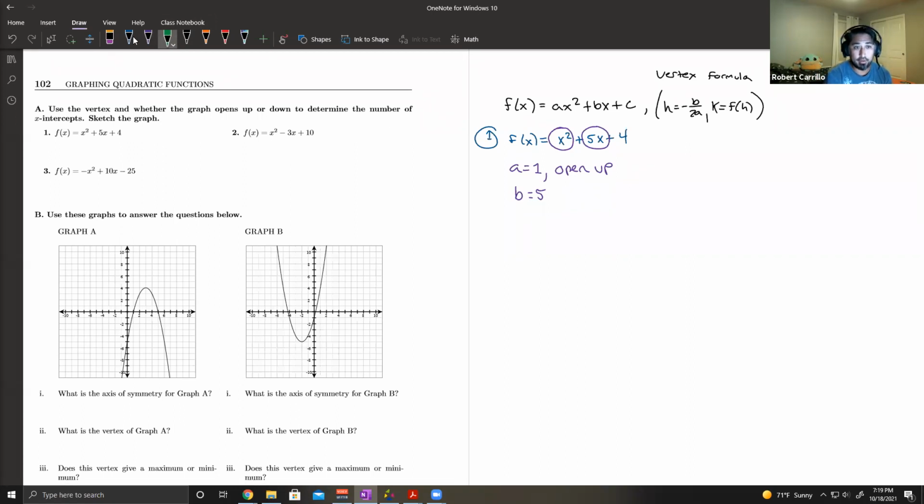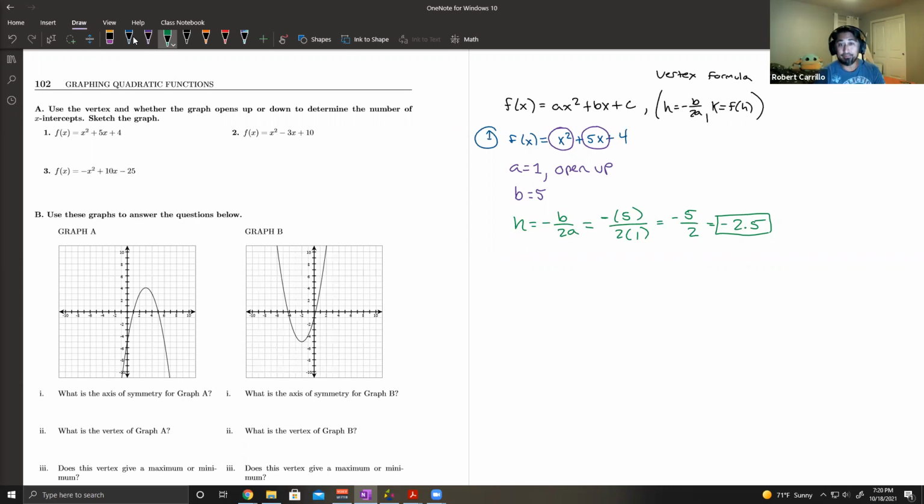So we'll have that h is equal to, and I'll rewrite the formula, negative b over 2a. And now I'm going to plug in b. So it's going to give me negative 5 over 2 times a, which is 1. So here we get negative 5 over 2, which is negative 2.5. So there is the h value of our vertex. Okay.